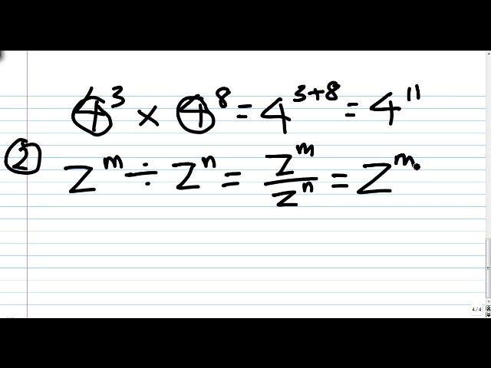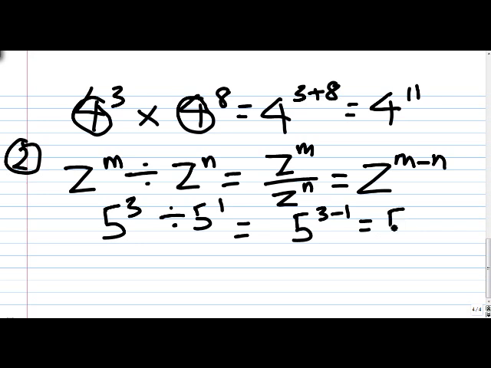Eventually when you work it out, you can write it as z to the power m minus n. Example: 5 to the power 3 divided by 5 to the power 1 is 5 to the power 3 minus 1, which equals 5 squared, equal to 25.